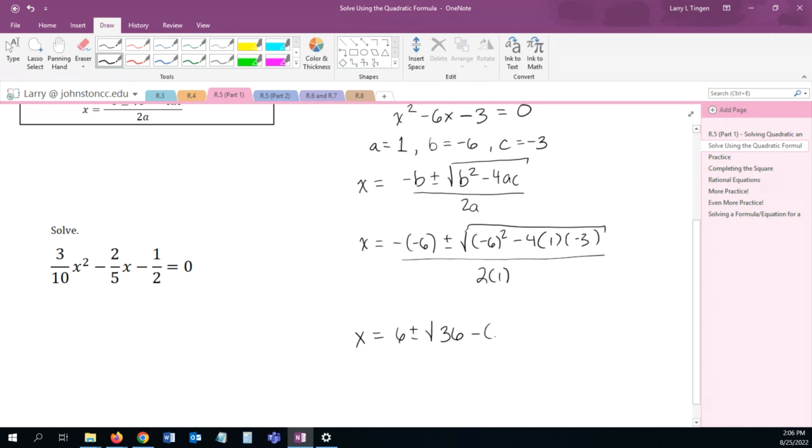And now I have minus 4 times 1 times -3, which is minus -12, all divided by 2. I can obviously clean that up some more. Minus negative becomes plus.